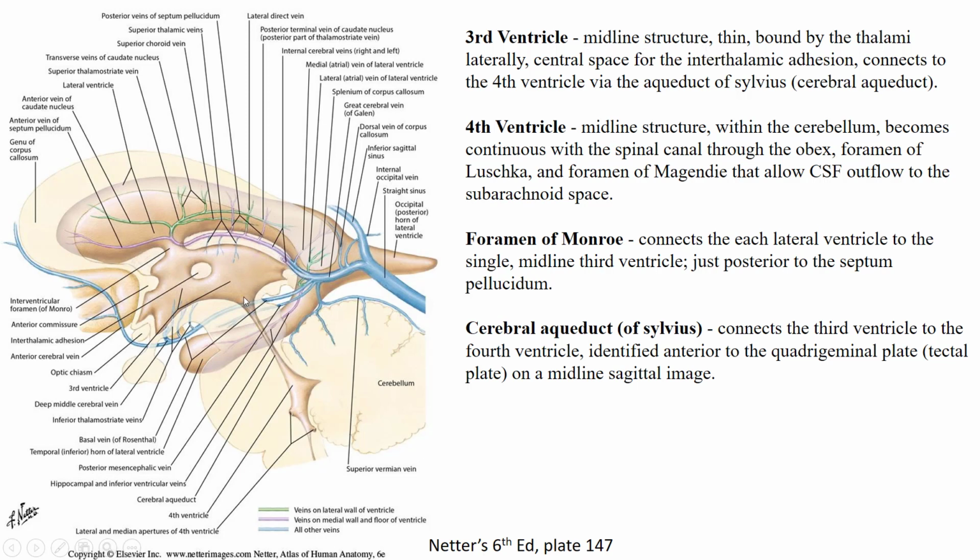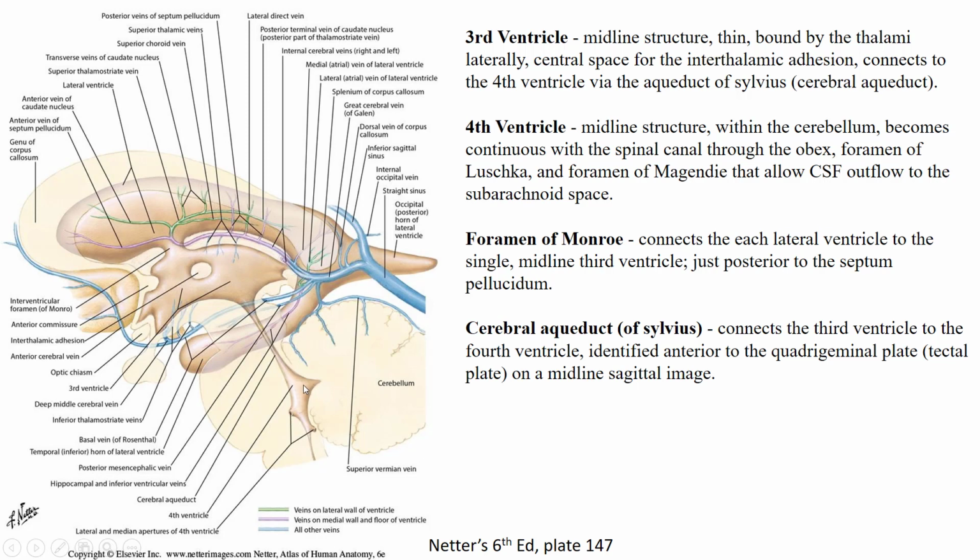The thalamus sits on either side, so it's bound by the thalami laterally. There's a central space for the interthalamic adhesion, which is right here, and it connects the sides of the thalamus together. And it connects to the fourth ventricle through the aqueduct of Sylvius, also called the cerebral aqueduct.